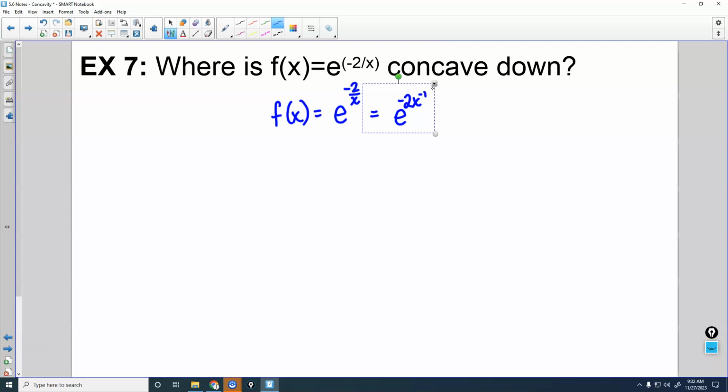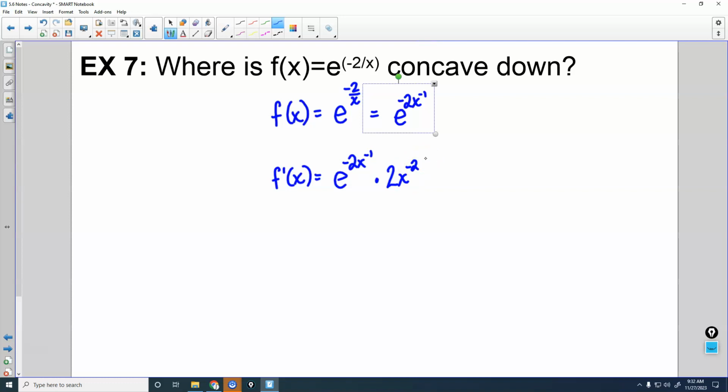So if we were taking the derivative of this one, who can tell me what that first derivative is going to be? 2x to the negative 2. All right, so the derivative of an exponential is itself.